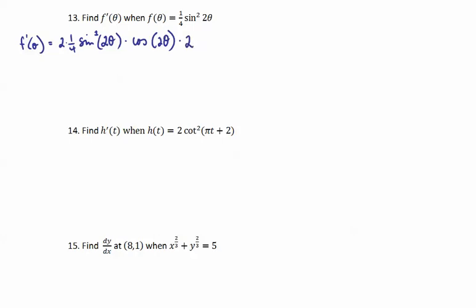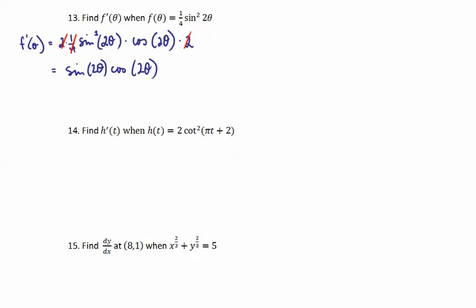So all we need to do now is to simplify this, and we end up with 1/2 times 2. 2 times 1/4 is 1/2 times 2 is all 1. All of that cancels out, and we end up with simply sine of 2 theta times the cosine of 2 theta. And that's good enough for that one.